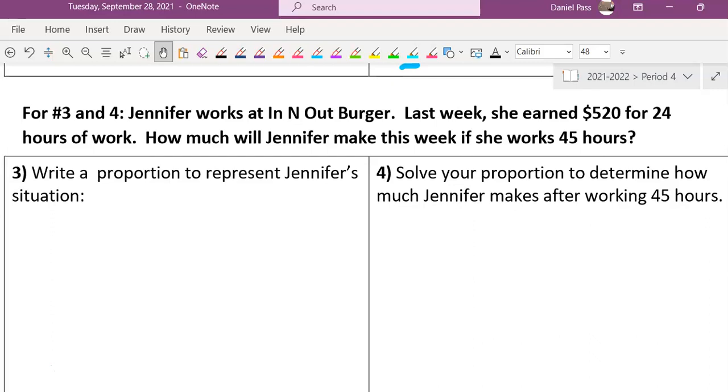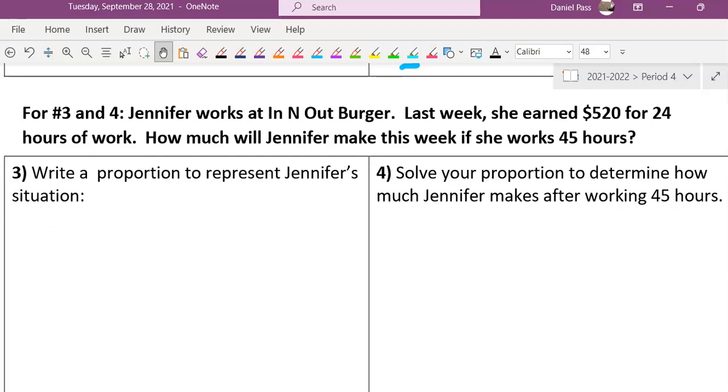Okay, cool. So, Jennifer works at a burger place. Last week she earned $520 for 24 hours. How much will Jennifer make this week if she works 45 hours? Write a proportion to represent the situation. So, what do we need to be careful about when we set up our proportions? Make sure that both the hours in this problem are on the denominator.